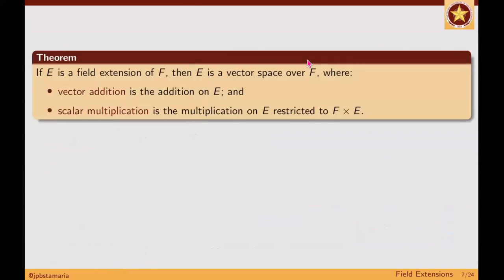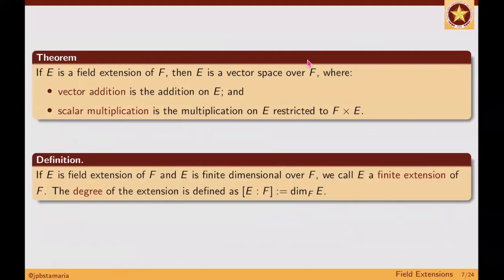If E is a field extension of F, then E is a vector space over F. Nabanggit ko na to kanina. So si E ay vector space over F. If it is possible to find a finite basis for E over F, so si E ay finite dimensional over F, we call it a finite extension.